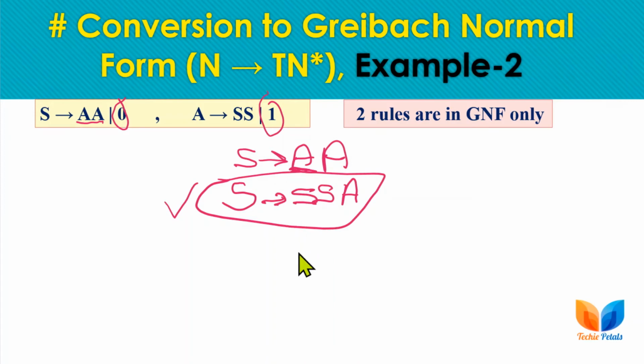By substituting the right hand side, we mean that if we are substituting A in this process, then you need to substitute the complete right hand side. Here we are having two rules, so for this substitution of A, we will be substituting both of these rules.